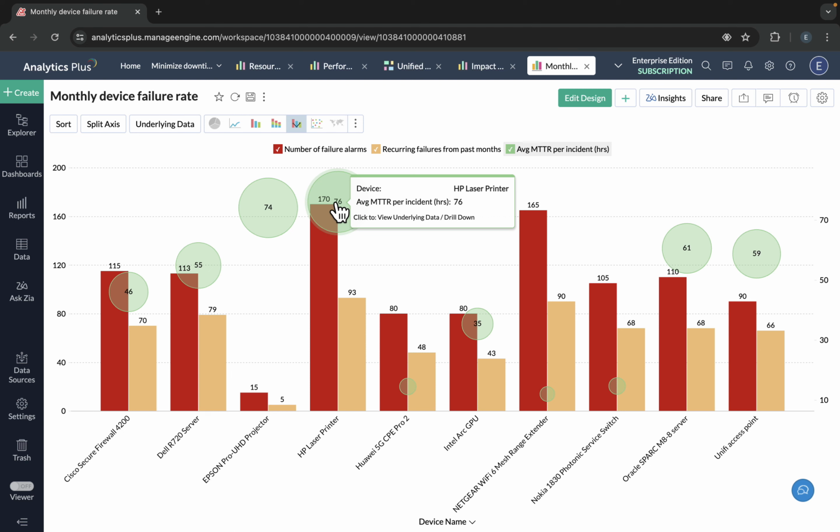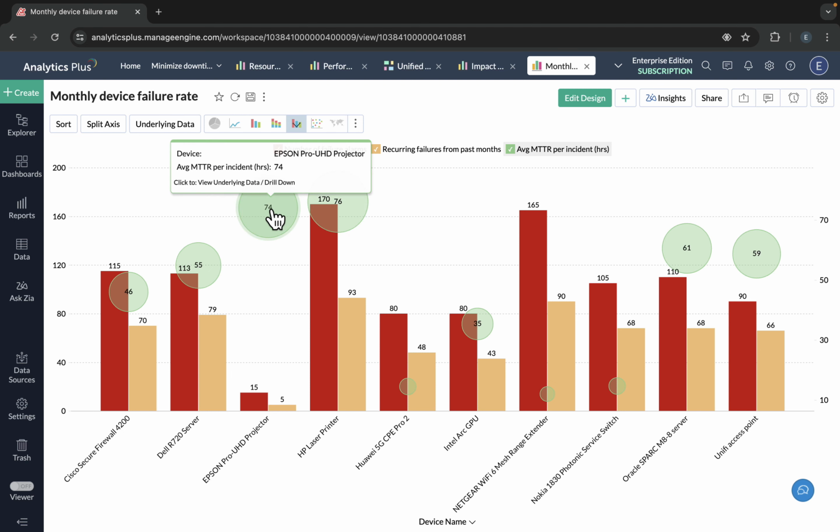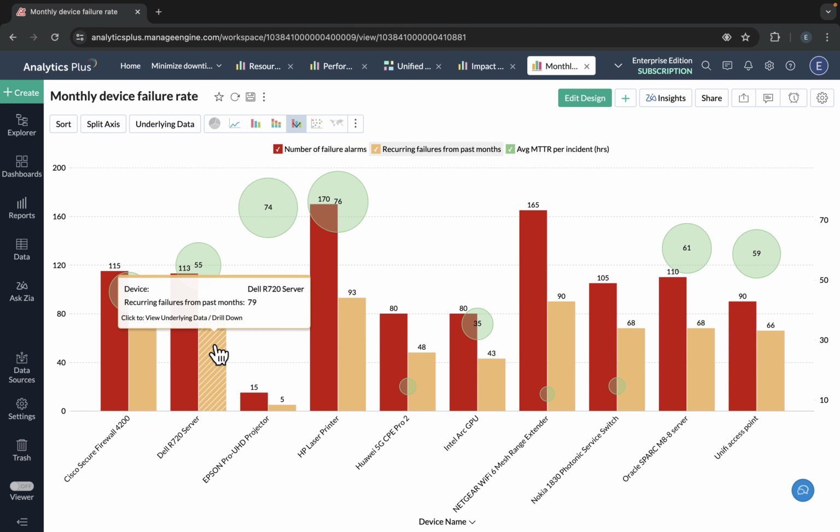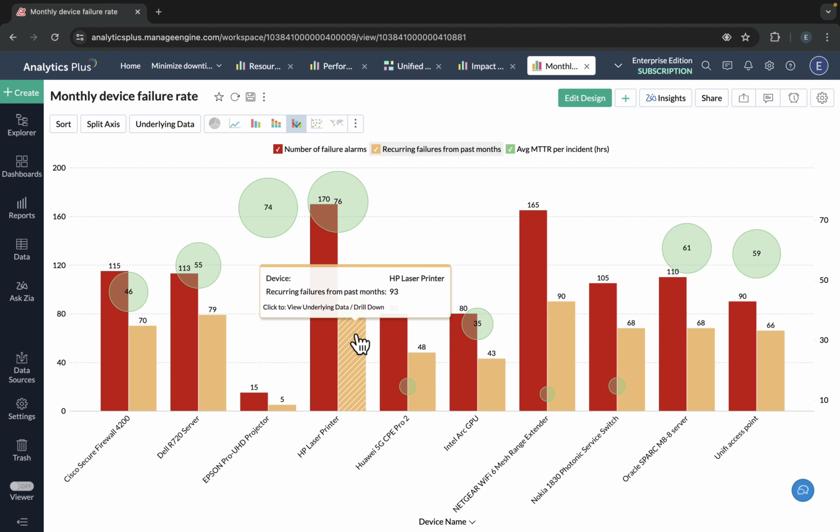Devices with consistently high MTTR values are at the core of longer downtime issues in an organization. The analysis also highlights a significant portion of alerts resulting from incidents recurring from past months, indicating inefficient troubleshooting practices and a failure to address an outage's root cause, ultimately leading to lower MTBF values and reduced service availability.